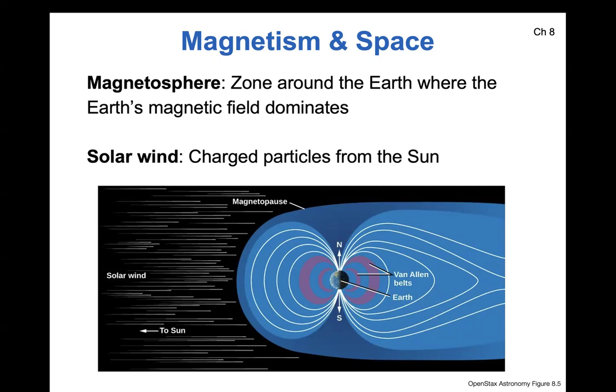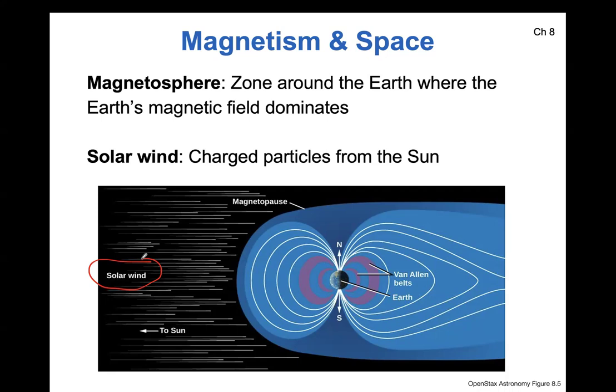The sun produces something called the solar wind. And it emanates from the sun. It is basically directed away from the sun in all directions, just like the light that's created from the sun. But unlike the light that moves away from the sun, the solar wind is not light.